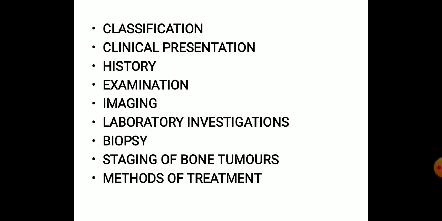What will be the possible history for each patient, how can we examine the patient, and what signs and symptoms do we need to look for during the examination? Then imaging techniques: how we can identify the lesions as benign or malignant.